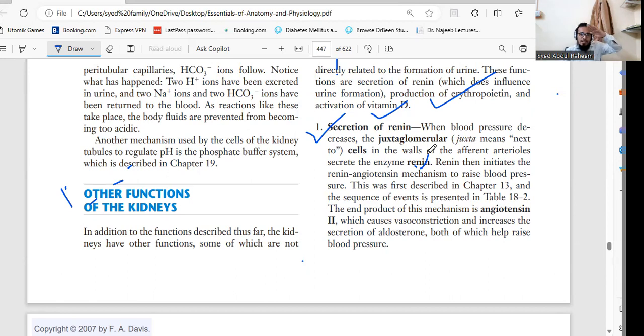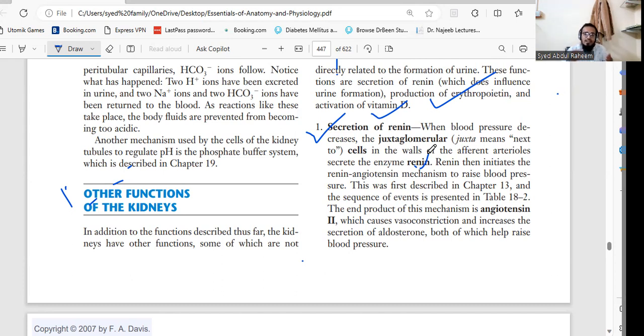If the blood pressure decreases, the amount of blood reaching the kidney also decreases. If the blood circulation to the kidney is not proper, kidney damage will happen because the kidney is not functioning properly. So we need something which senses the blood pressure levels in the kidney. That is the reason they have those cells, the juxtaglomerular cells, JG cells.